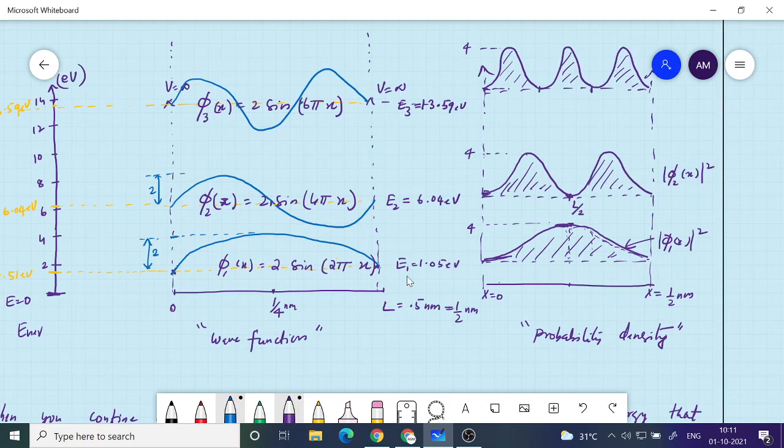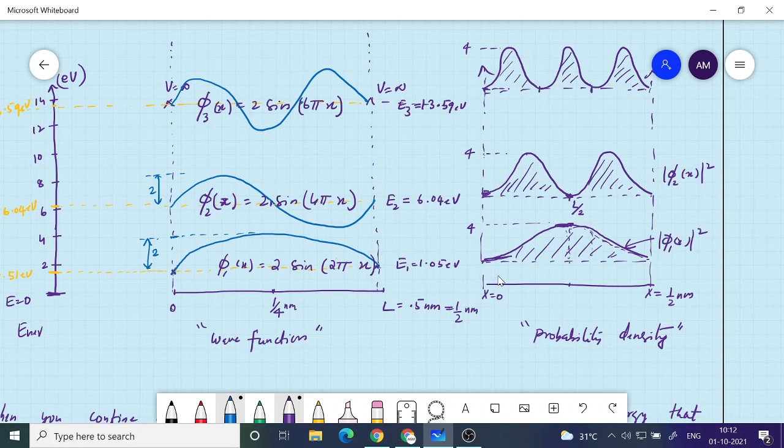If an electron is sitting with a particular energy, say E1, it can only take E1 or E2 or E3. If it is sitting with energy E1, then its probability distribution is given by phi1 square, as shown here. If it is sitting in E2, its distribution is given by phi2 square. The same thing happens with an atom.